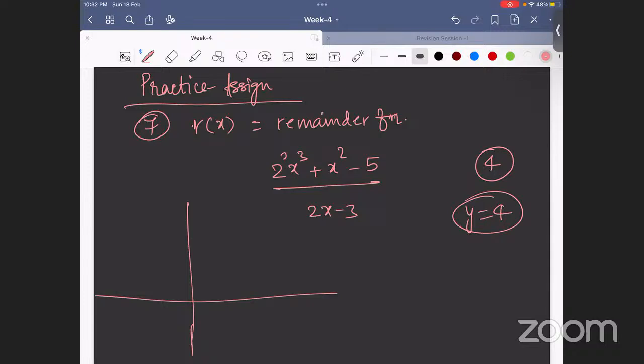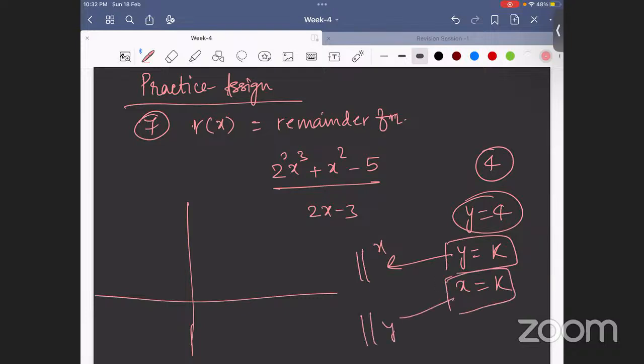Whenever there is y equals some constant k, or x equals some constant k: if you have y equals k, the line will be parallel to the x-axis. Whenever you have x equals k, that will be parallel to the y-axis. For example, you have y equals 4. It will be somewhere here, parallel to the x-axis.